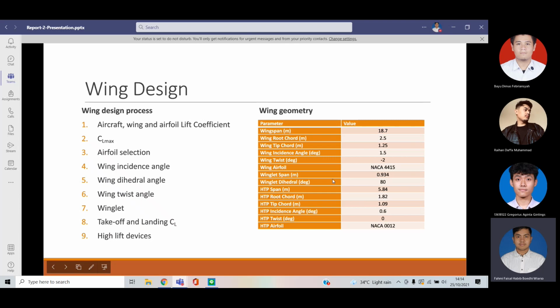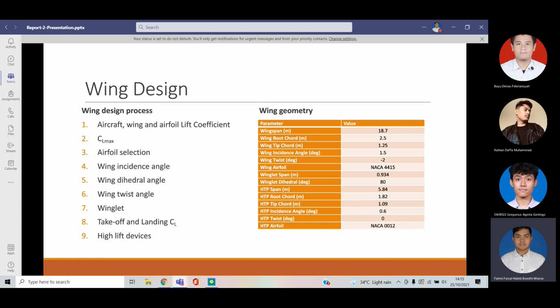Starting from the wing design, we are going to present from the new wing area. We can first obtain the aircraft wing and airfoil lift coefficient in the cruising condition, and then we also have to obtain the CL max for the stall condition.